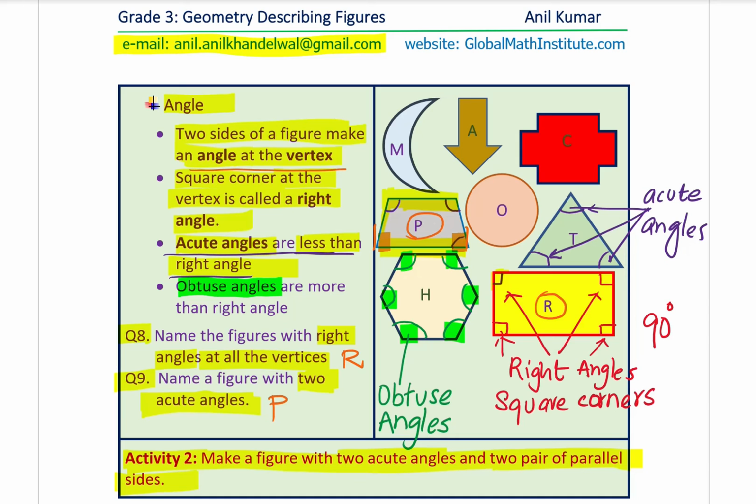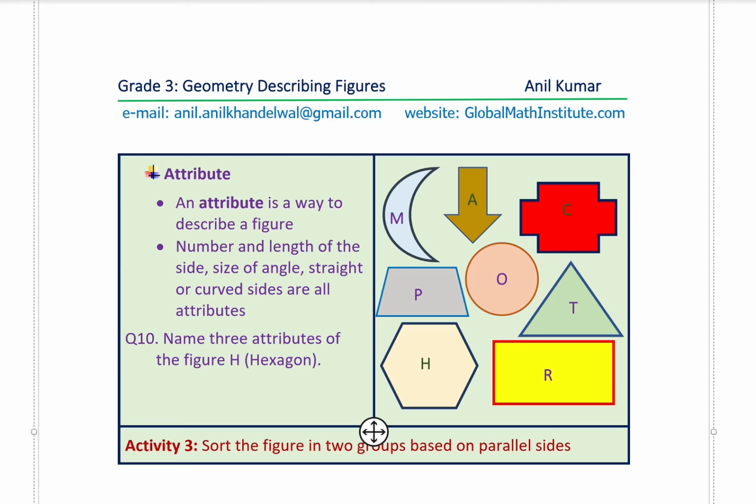Perfect. Now, we have learned about lines, sides, parallel sides, vertex, and also angles. Now we'll talk about attributes, right? You learned about attributes in the very beginning, correct? So now, an attribute is a way to describe a figure.